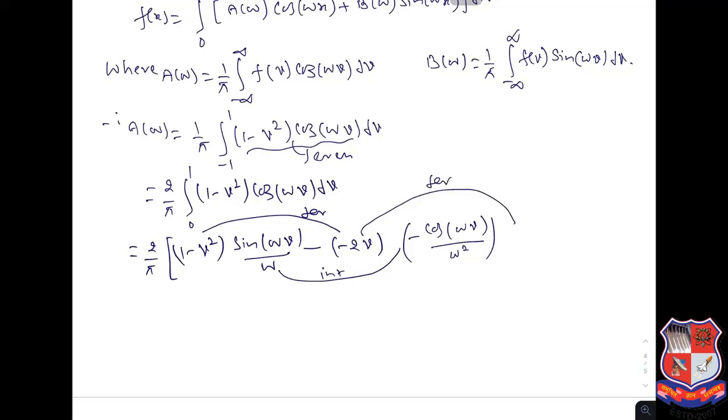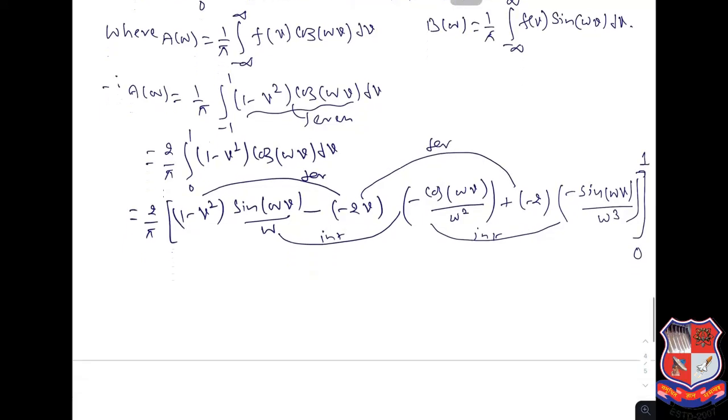Again the derivative, the plus sign here, the derivative is minus 2, and again the integration is minus sine omega v upon omega cube, and integration is from 0 to 1.